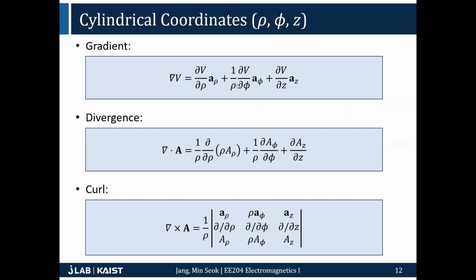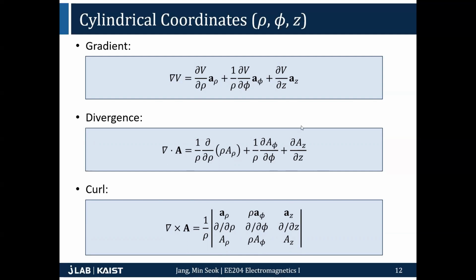Gradient is not too complicated, right? Because you have a scale factor only for phi. Only the phi component is different, right? And then if you look at the divergence and curl, you can see that there is a rho inside here, rho outside there, and then here there's the 1 over rho, and then there's nothing, right?